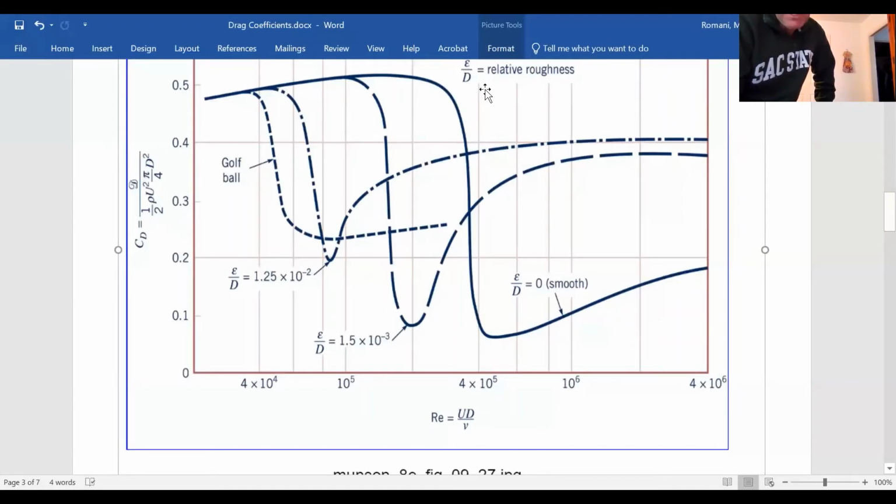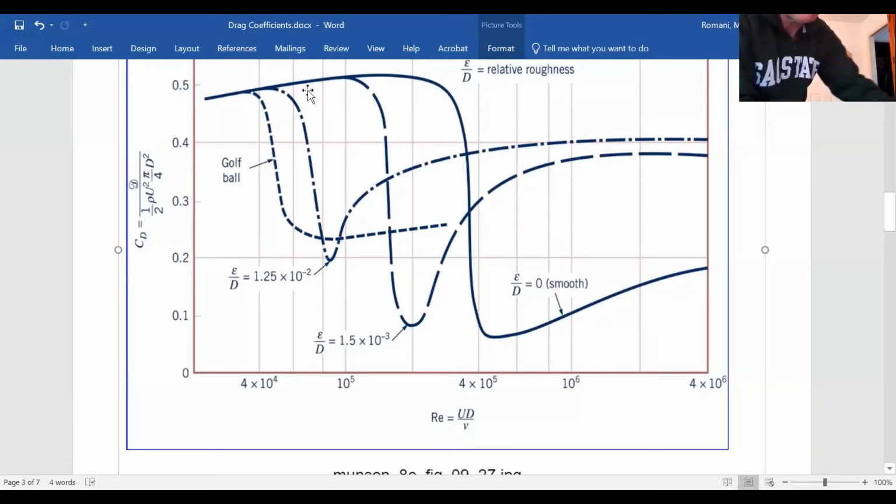Well, I'm going to get to this fairly large roughness line right here, 1.25 times 10 to the negative second. If you take a look at this number right here, 1,000,000 for the Reynolds number, the coefficient of drag is much larger if it's rough. Okay, what about the golf ball? If we look at Reynolds numbers corresponding to a golf ball through flight, interestingly enough, even though it's rough, it has a lower coefficient of drag than the smooth.